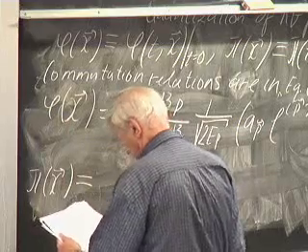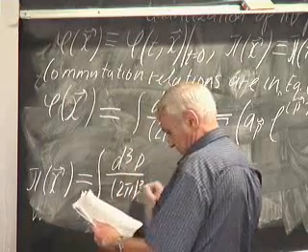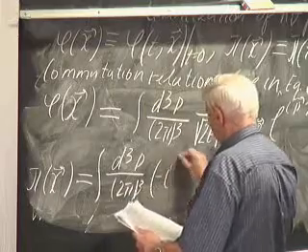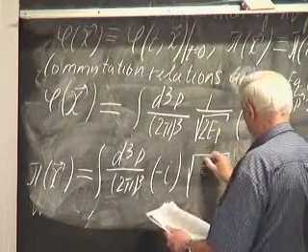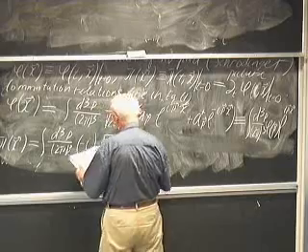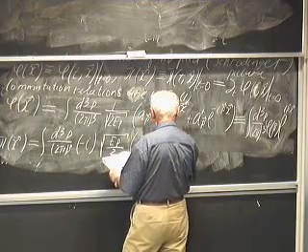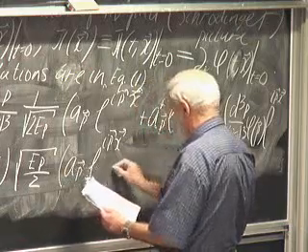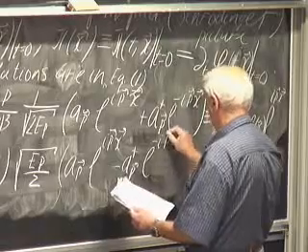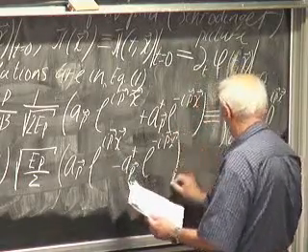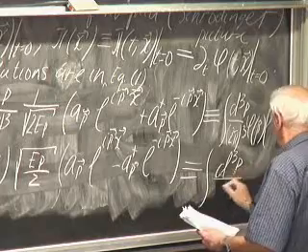It will be a simple answer: d3p over 2 pi cubed, minus i, E over 2, a_p dagger, and this I will rewrite as this. It will be convenient for notation.